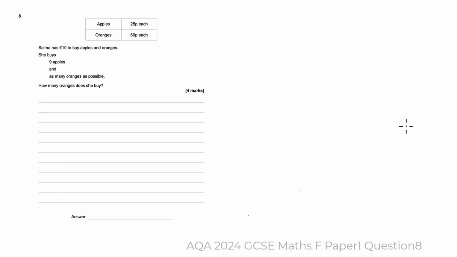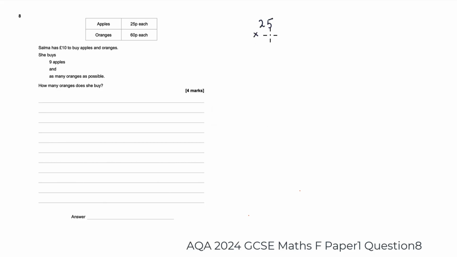Well, here's question 8. And we've got Salma with her £10 and she's buying apples and oranges. Apples are 25 pence each, oranges are 60 pence each. First of all, we're told she buys 9 apples. Well, let's work out how much she spends on apples. Well, we know each apple costs 25 pence.